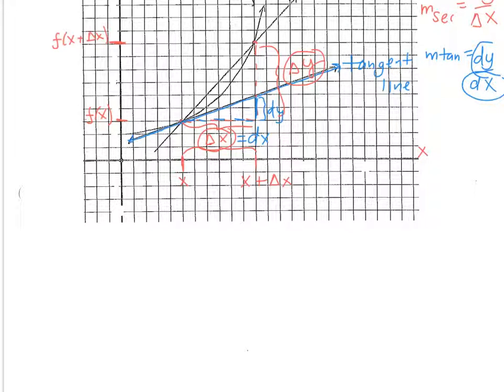Okay, so remember that delta y equals the difference in y for the secant line.